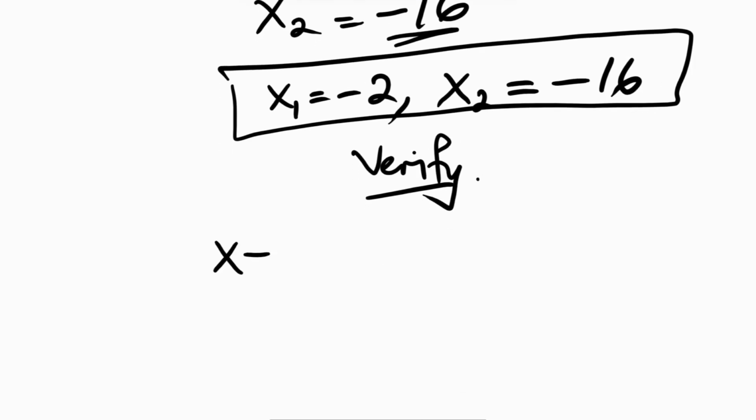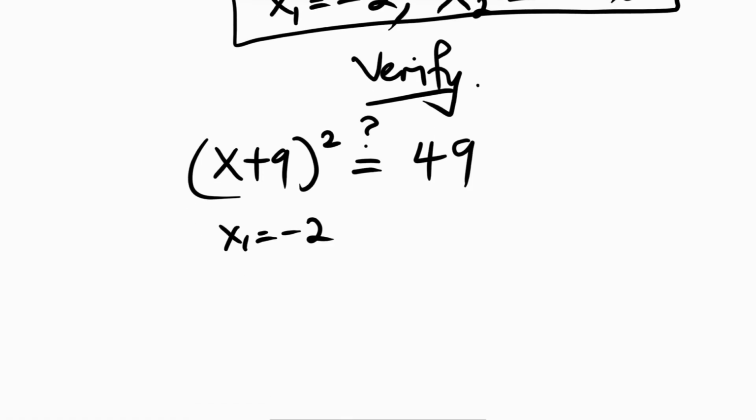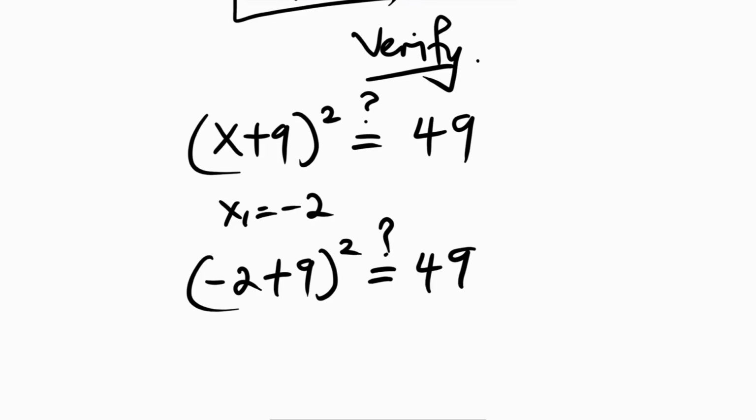The question is (x + 9)² equals 49. So we're trying to find out if (x + 9)² is equal to 49. If we plug in the value of x, are we going to get 49 on the right-hand side? So the first value of x is minus 2. If we plug in minus 2 in place of x, we get (−2 + 9)², and we're trying to find out if that's going to be equal to 49.